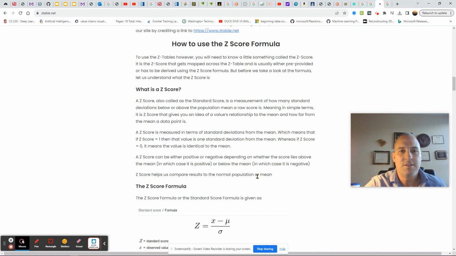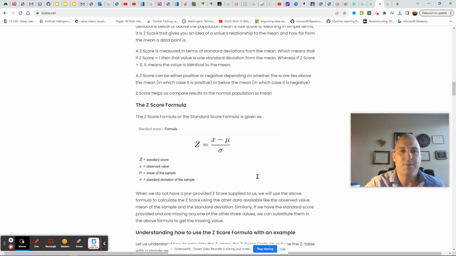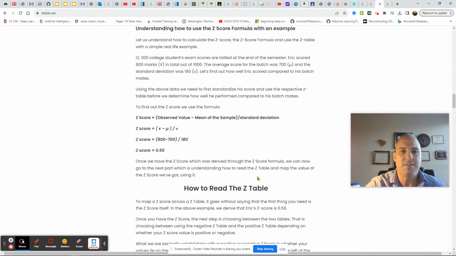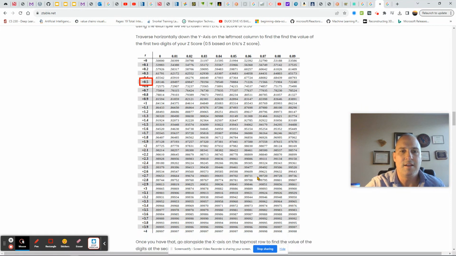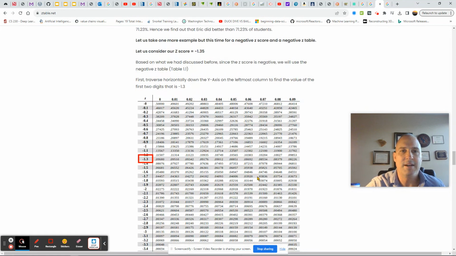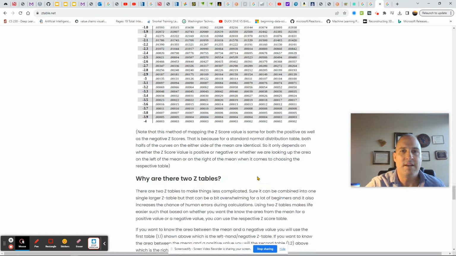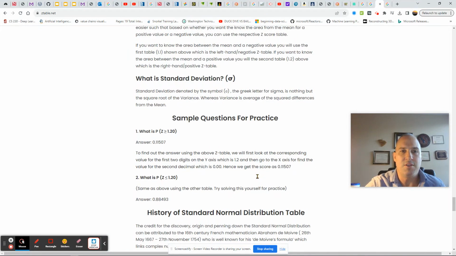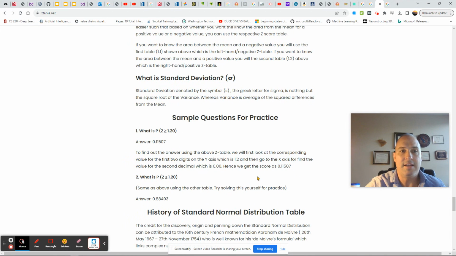Okay. So again, this is about the z-score. It's just the number of standard deviations from the mean. And it talks about how to read the table, which is what I just got done talking about. And you can use this to calculate the probability of a z-score greater than a certain value.